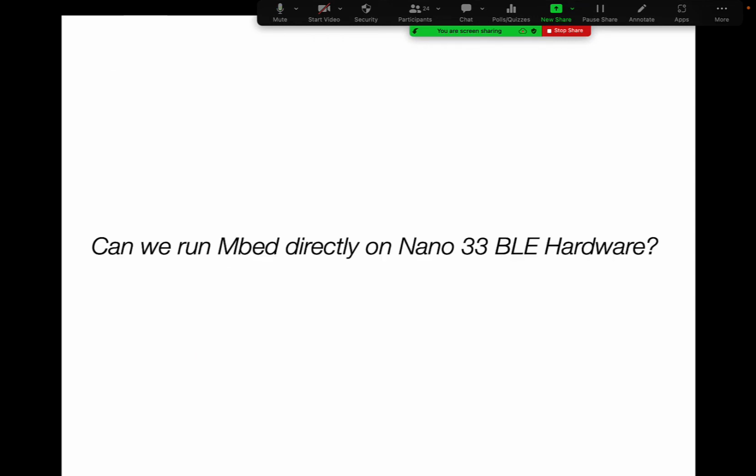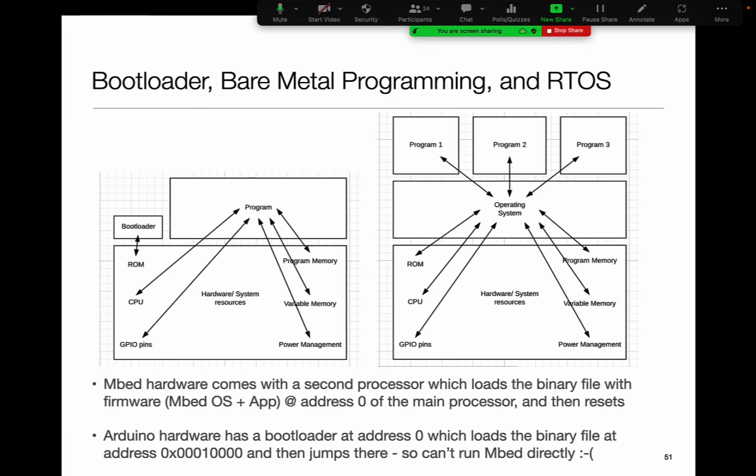Now the Arduino hardware itself therefore runs Embed and then runs Arduino on top of it, and that naturally raises the question: could we just dump Arduino entirely and just run Embed? Unfortunately, it's not quite the case, because Embed requires a different hardware abstraction. In general, all Embed platforms come with a second processor, and the job of that second puny little processor is, firstly, to present itself to users as if it's a USB drive.